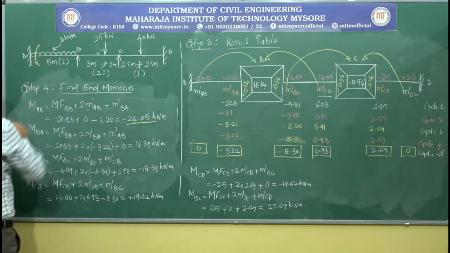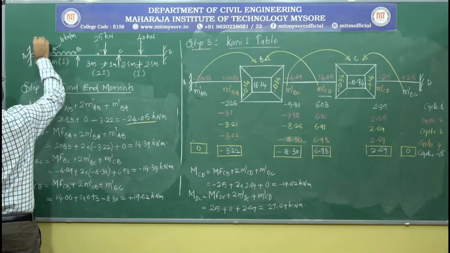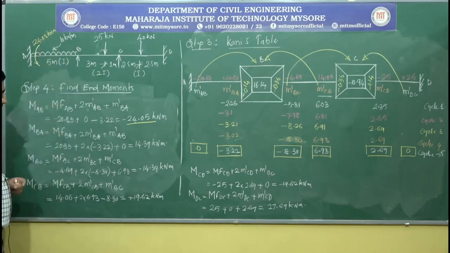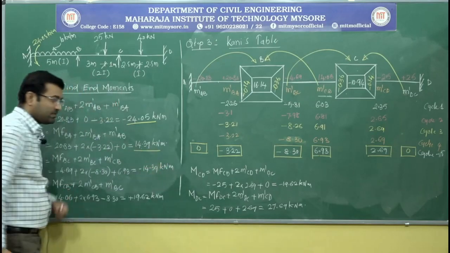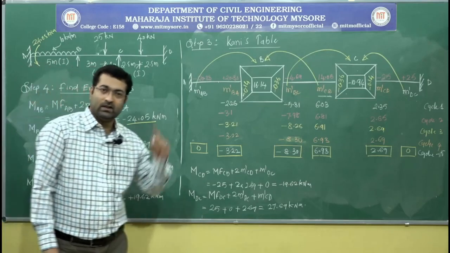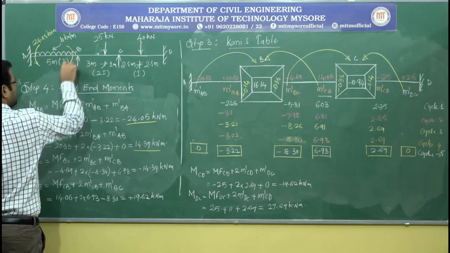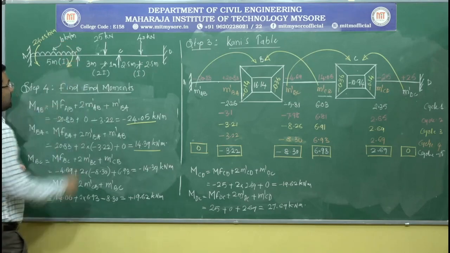So here it is, 24.05 kilonewton meter. And MBA, as per our calculation, we got as positive value 14.39. Positive value indicates it is clockwise in direction. So let me represent a clockwise moment here.